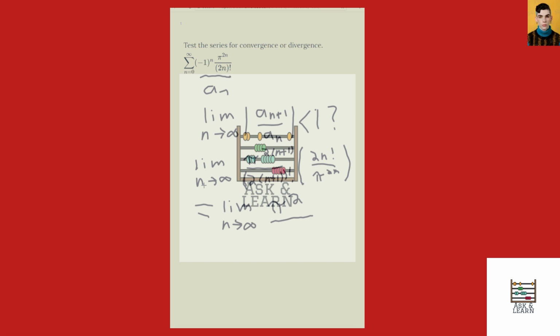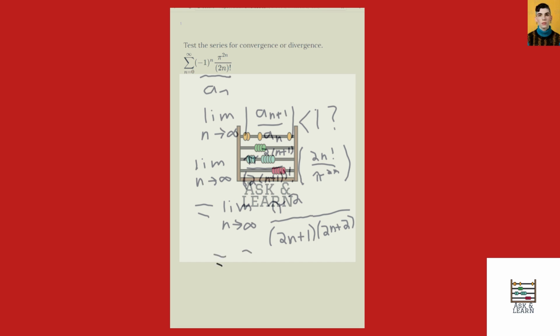Everything is going to cancel out with these guys, except for the last two terms in the product that we're looking at here. The last two terms being 2n plus 1 and 2n plus 2. These are not going to be canceled out with anything from over here. But everything else will be canceled out if you just remember how the factorial function works.